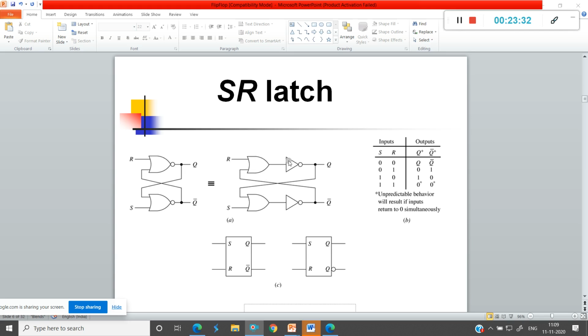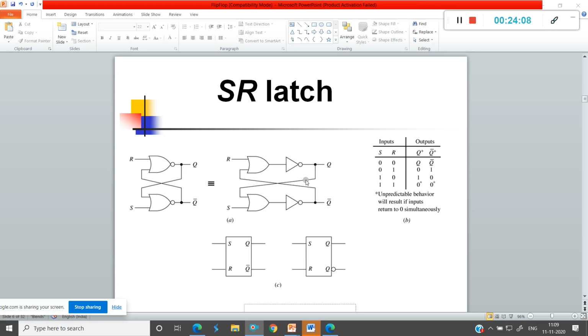The output of the first OR gate is connected to a NOT gate. The output of this NOT gate is connected back as one of the inputs of the lower OR gate. Next, the output of the lower OR gate is connected as an input to another NOT gate, whose output is connected as one of the inputs to the upper OR gate. The upper output is Q, the lower output is Q bar. Q is the normal output, Q bar is the complement output.